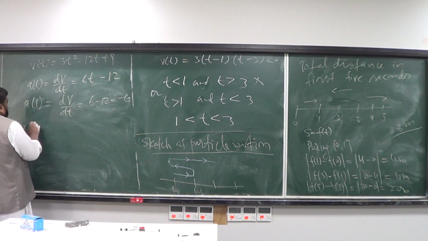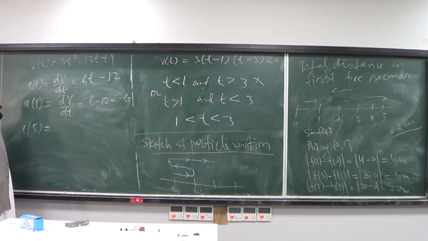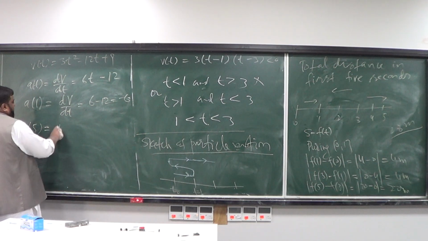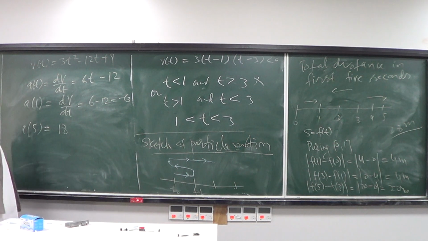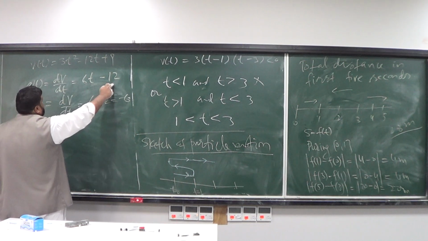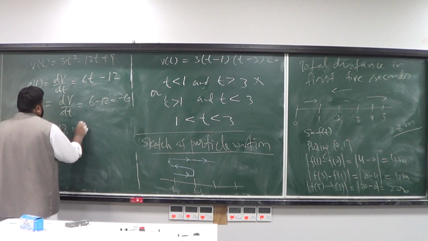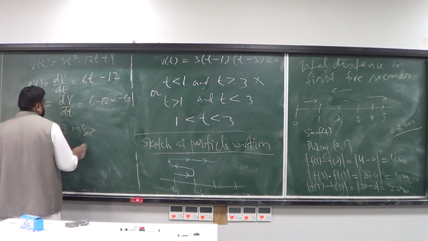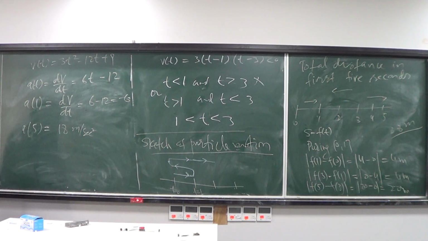What would be the acceleration at, for example, instant 5? You're going to get 30 minus 12, so it's going to be 18 meters per second square. Okay, these are the units of it.